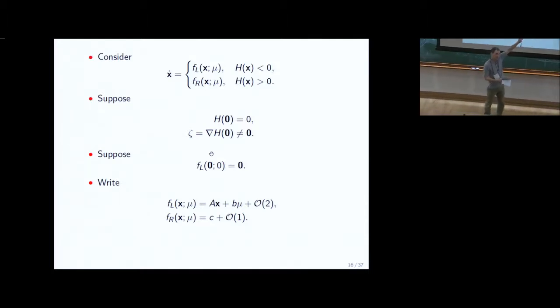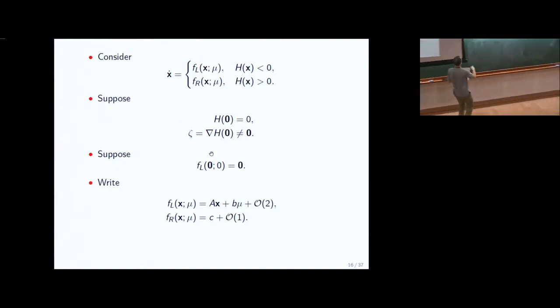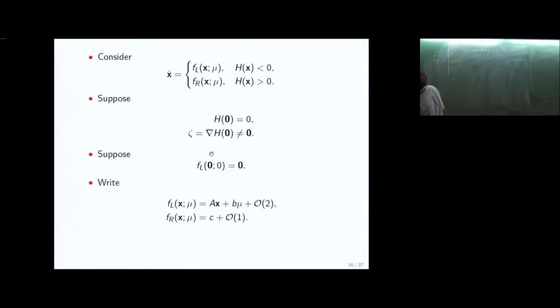But for simplicity, we'll suppose that the bifurcation happens at the origin. So this point's the origin. So I need my switching manifold to pass through the origin. So I need h of the origin to equal 0. So can I draw a picture for that? Here's my origin. This is h of x equals 0.